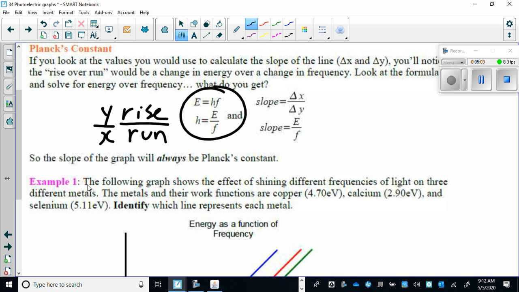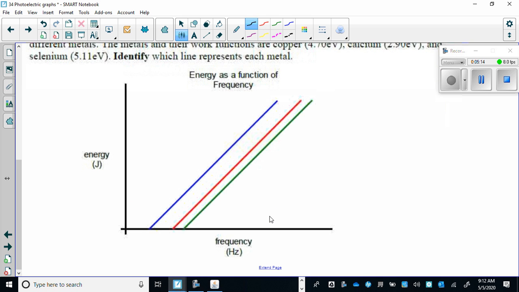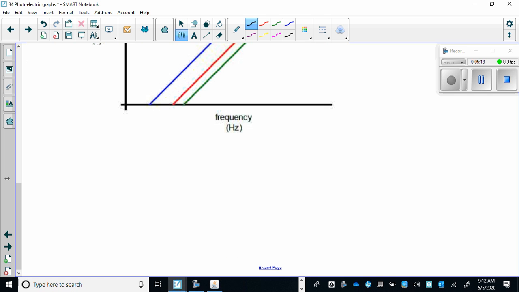This question says, the following graphs show the effects of shining different frequencies of light on 3 different metals. Identify which line represents each metal. Well, what we can do for this is extend the graph and then extend each of these lines.